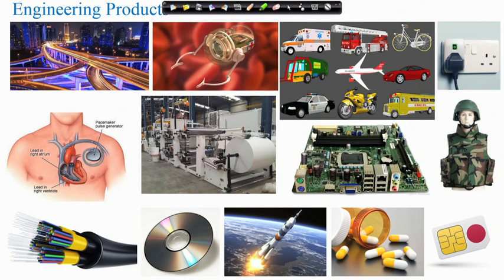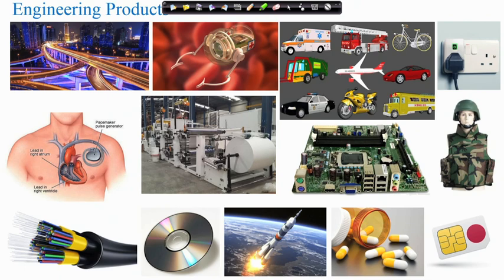Now, if I have to give you some examples of some of the products, these are some representative products. While selecting them, I tried to keep in mind that different scales and different application domains can be covered. So, this product could be as large as, say, a bridge building, or as small as, say, a nanorobot.